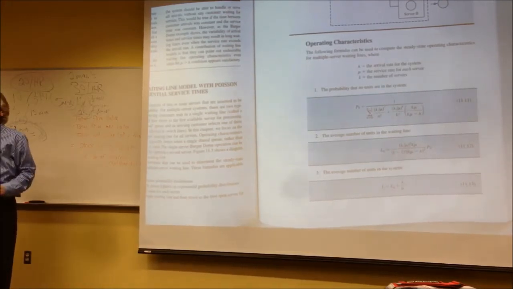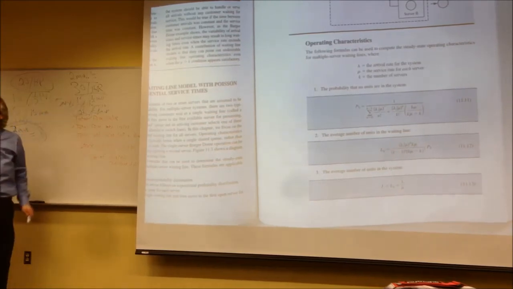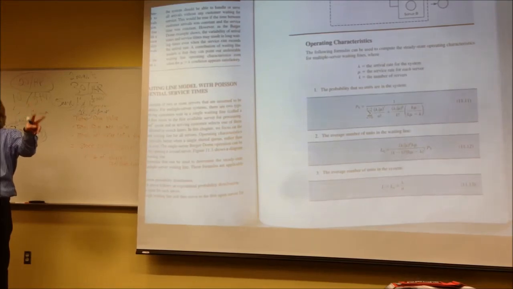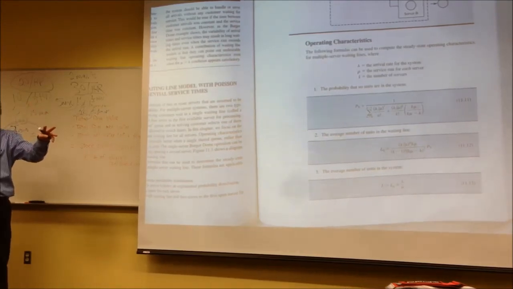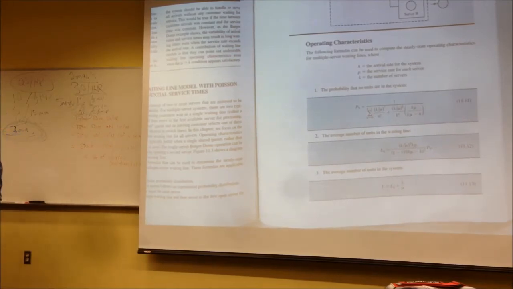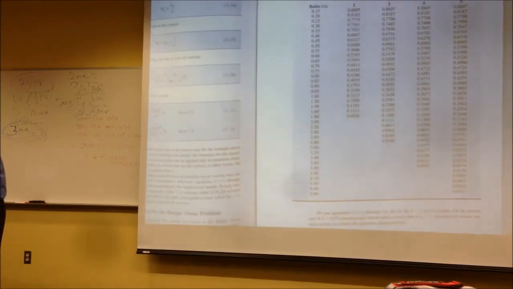What I want to do is pretend we have a 20 per hour arrival, 30 per hour service, and let's say now we have a second stock trader taking calls. 2 channels. You're going to go to this chart on the next page, right here on page 519.